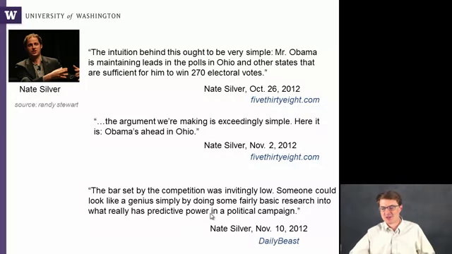So he says here in a series of quotes from blog posts around that time, this first one from October 26: "The intuition behind this ought to be very simple. Mr. Obama is maintaining leads in the polls in Ohio and other states that are sufficient for him to win 270 electoral votes." And then, a few days later, he becomes more blunt: "The argument we're making is exceedingly simple. Here it is. Obama's ahead in Ohio." It's not a magic trick.